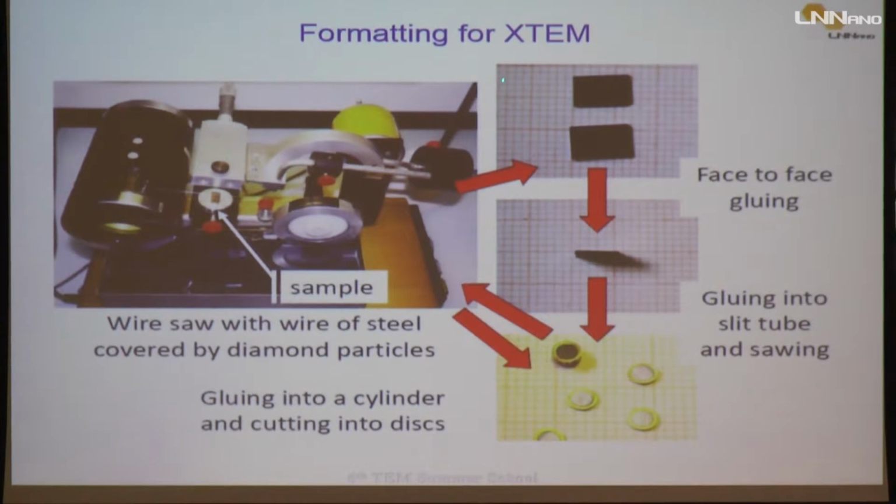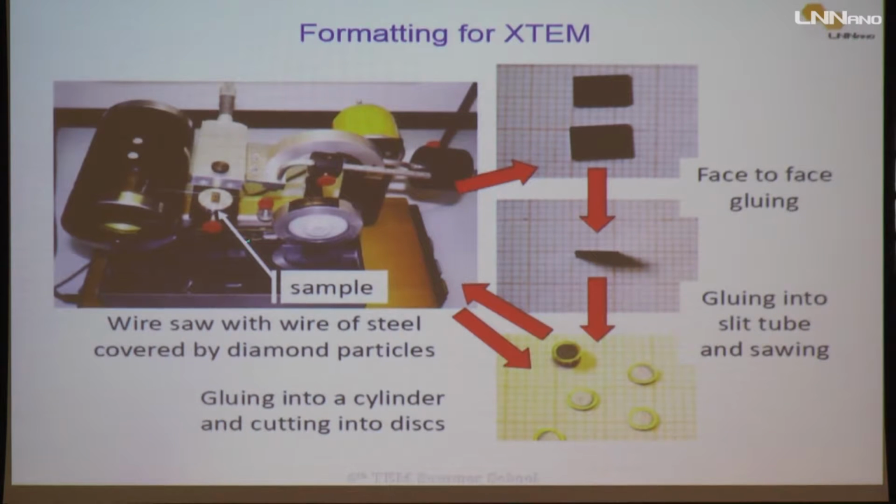Then we have here formatting for XTM, cross-section TEM. Well, here we have a machine, a wire saw, okay? Here you can see the wire, okay? With this wire, we can cut the sample that is here, okay?